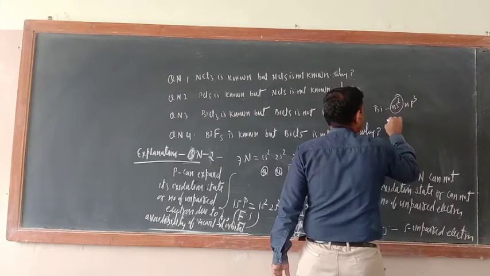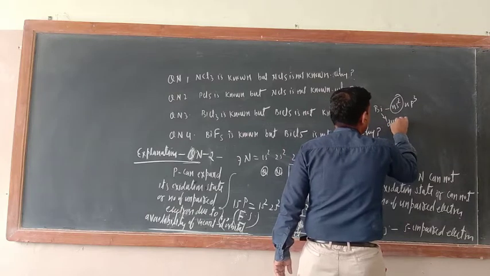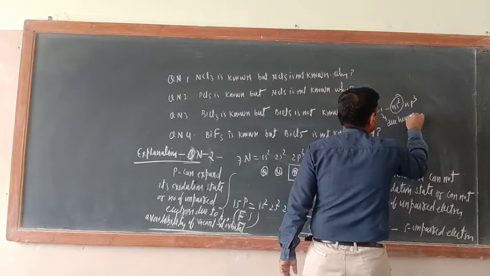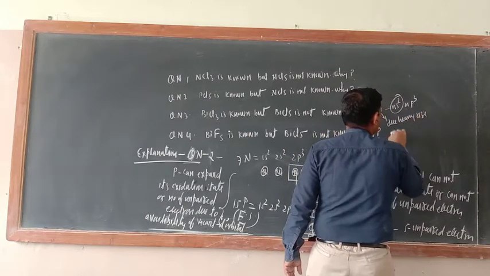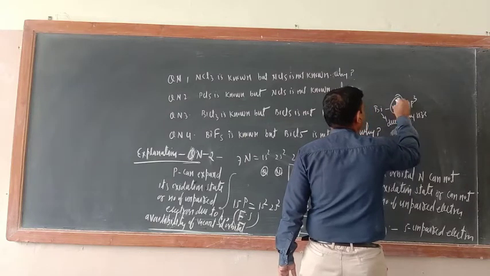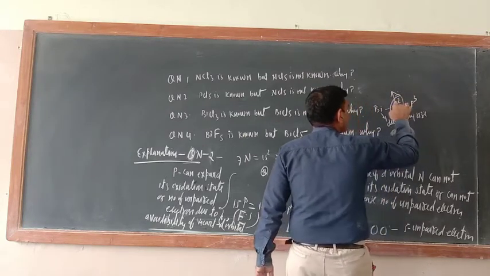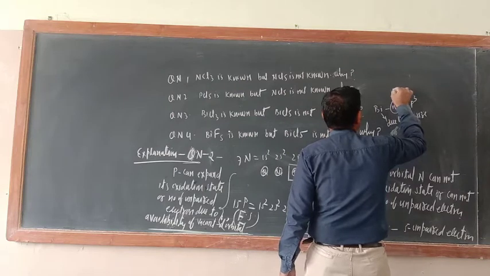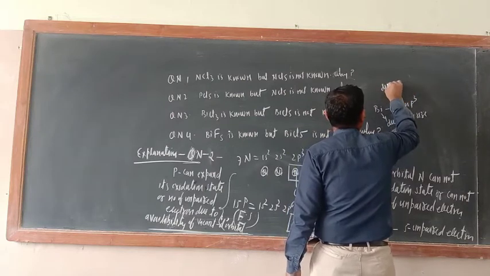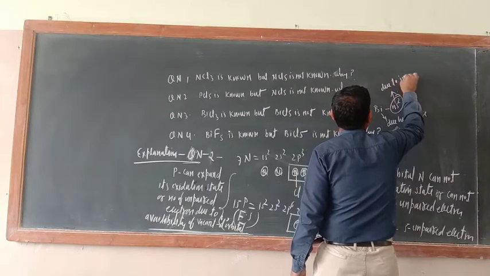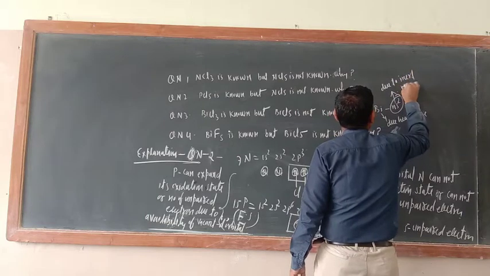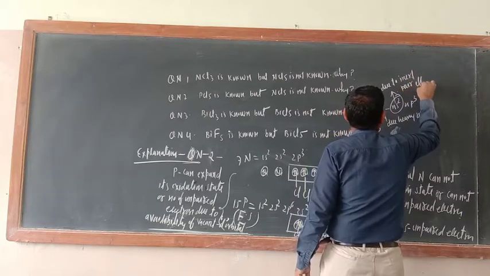Due to its heavy size and the inert pair effect, the ns orbital will not take part in bond formation.